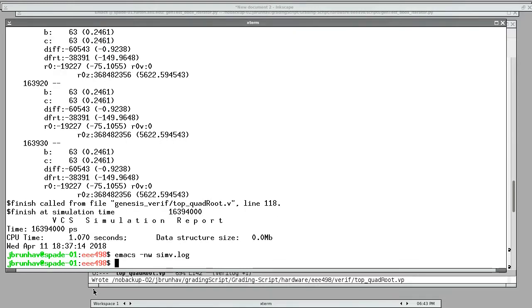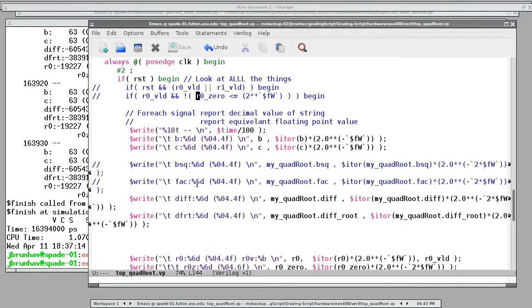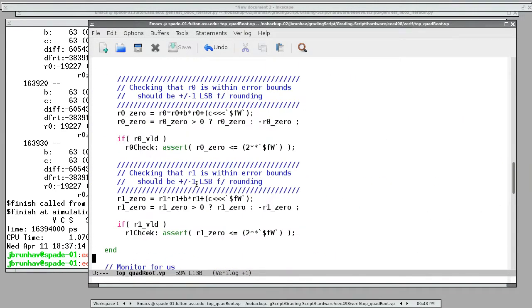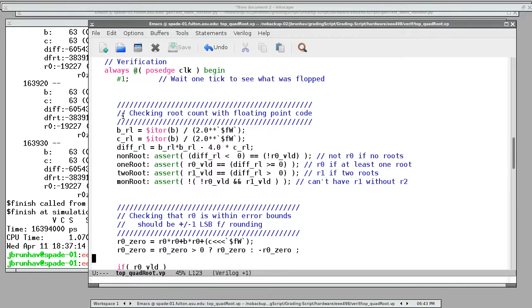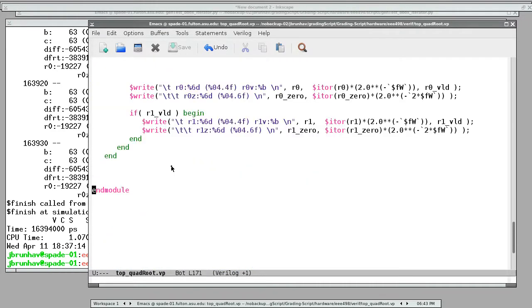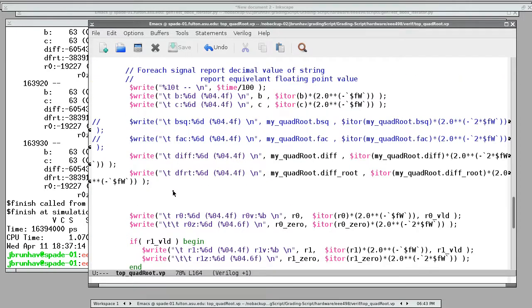So we go back in our fancy print. And we want our diff real. And then we'll do a percent 06.6f. This won't line up with anything, so it's going to give me a minor headache.